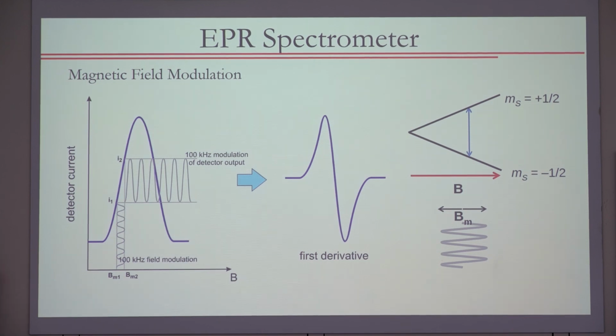There are many experimental settings, and I cannot go through all of them, but one of the most important is field modulation. This will be an absorption signal. That's what you would initially detect if you don't have any field modulation. But while you're sweeping your external magnetic field, you put in a small oscillating magnetic field that usually goes at 100 kilohertz.